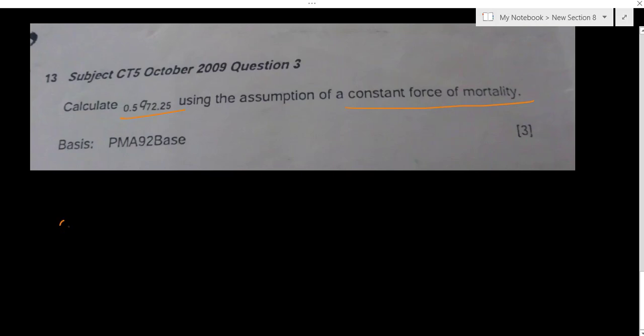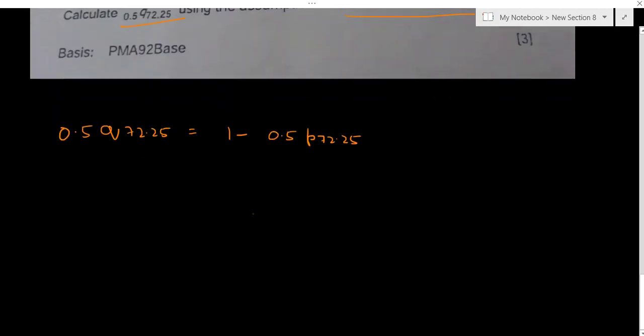Okay, so I am calculating 0.5 q 72.25. Okay, so this can be written as 1 minus 0.5 p 72.25. Okay, right? And I can just write this as, now what I need to ensure are two things. Okay, x, this x has to be an integer.